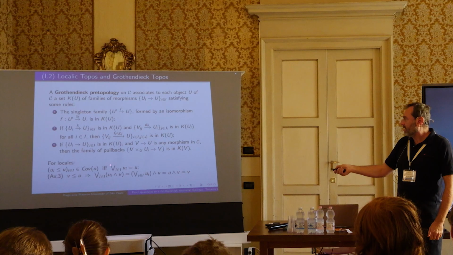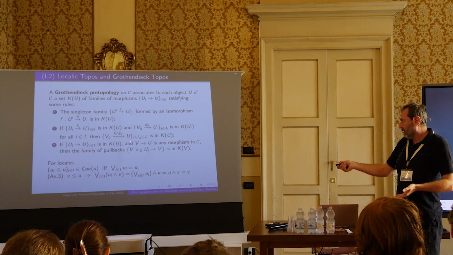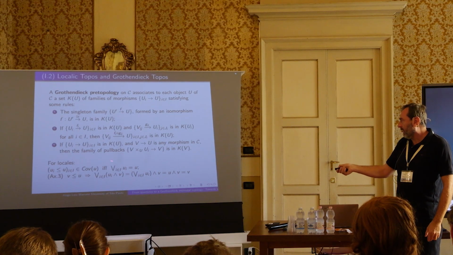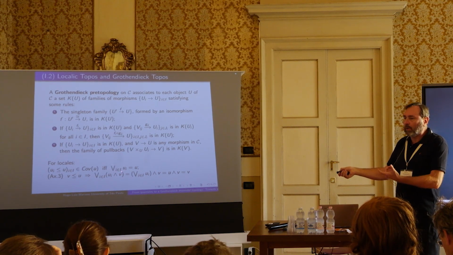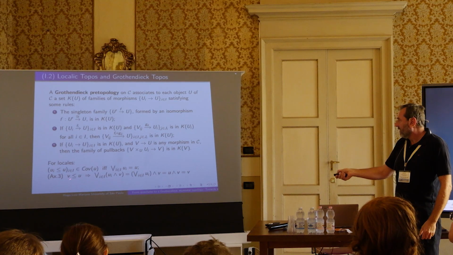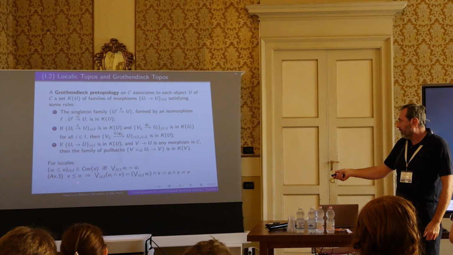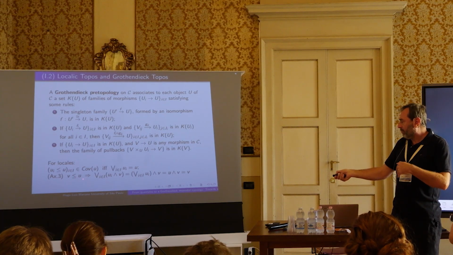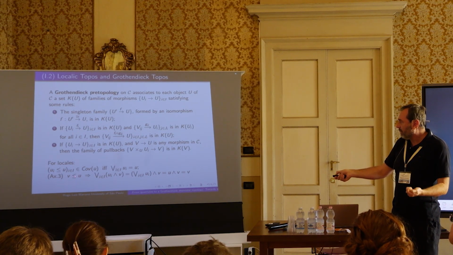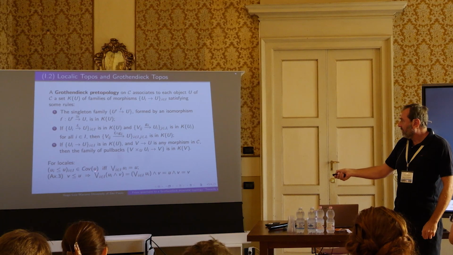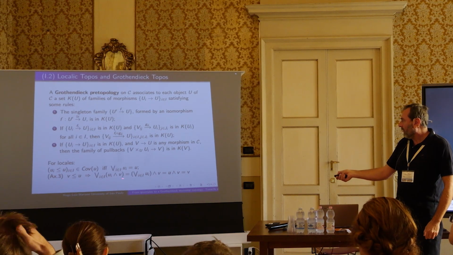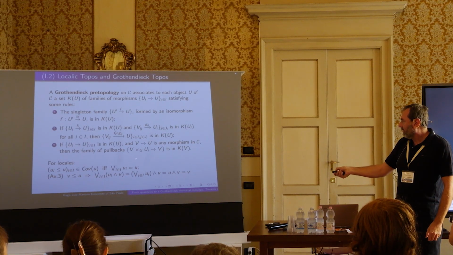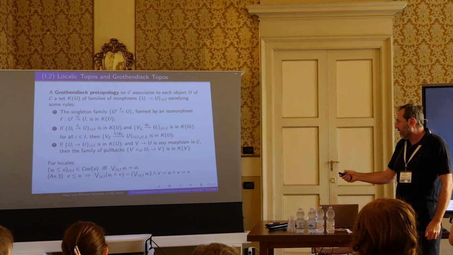For locales, this is the same thing. An example of these topologies is given by the subcovering in a locale, and the stability axiom. We put just a member below some u, maybe v less than u, and the distributive law of the locale gives us that the stability property is equivalent to this.